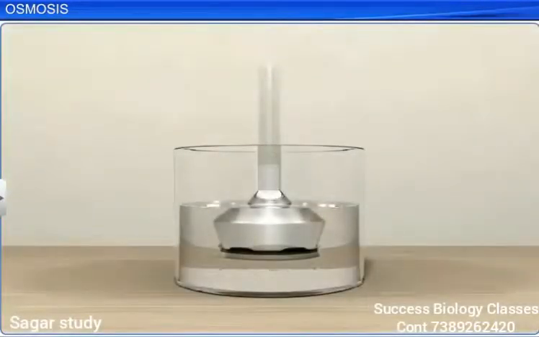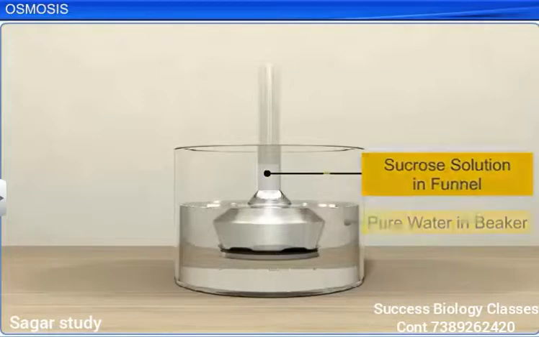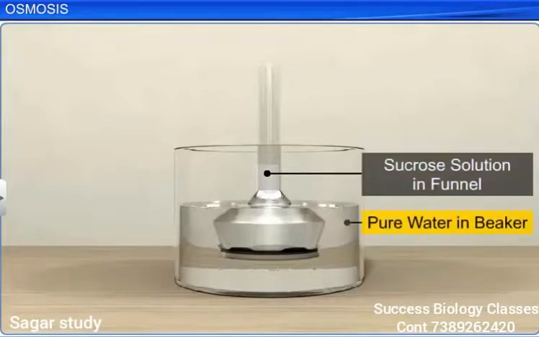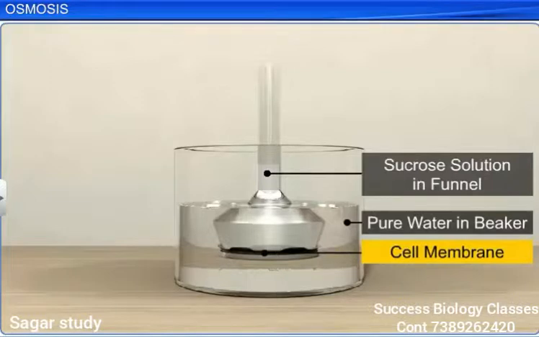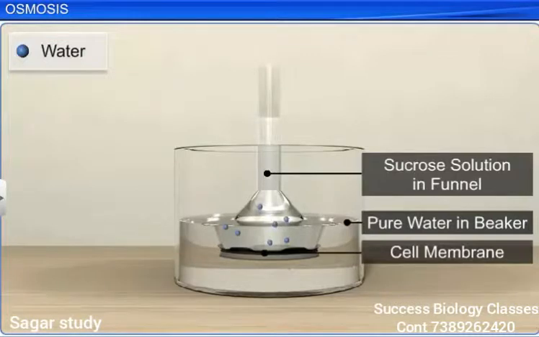Let us consider another example of osmosis. A solution of sucrose in water is put into a funnel and separated from the pure water in a beaker by a semi-permeable membrane. The water, being hypotonic, will move from the beaker to the funnel containing the hypertonic sugar solution, raising the solution level in the funnel.